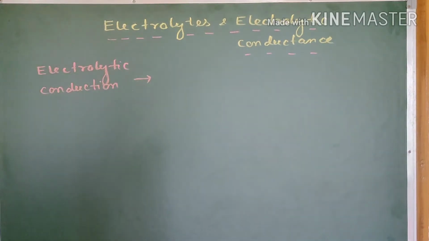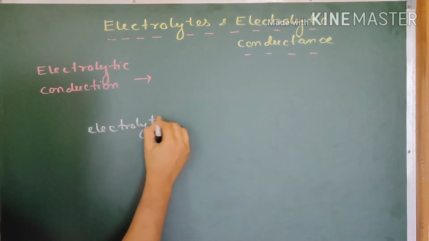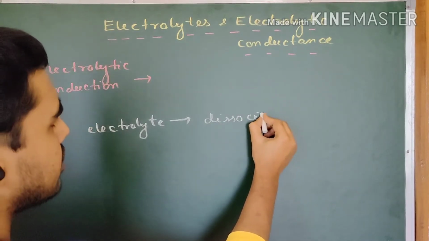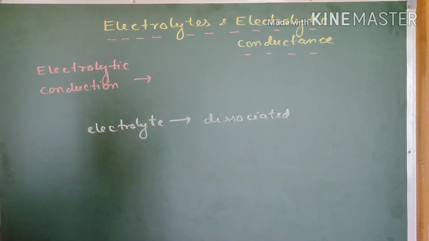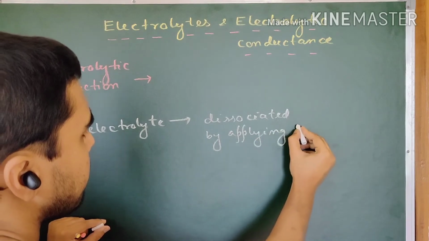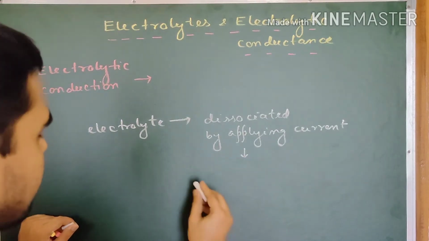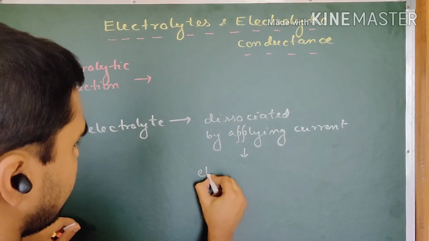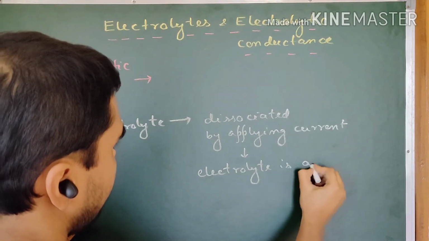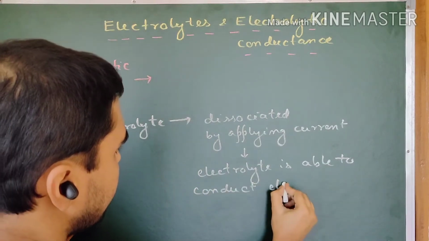The basic theory is that whenever an electrolyte is dissociated by applying current, as a result, the electrolyte is able to conduct electricity.